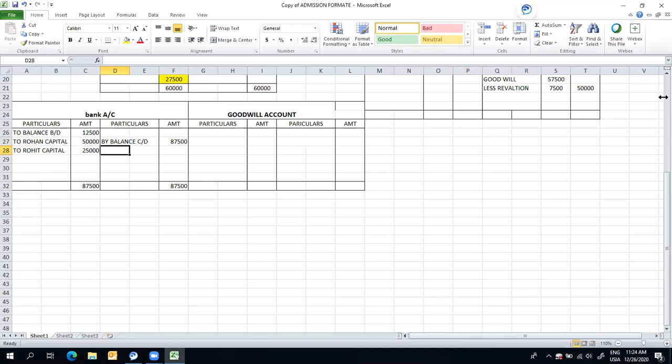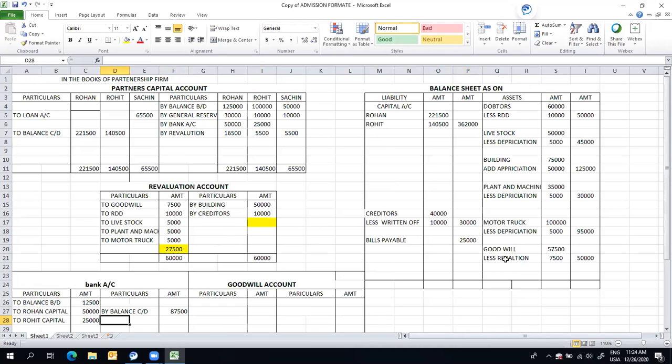Okay, by balance carried down, and here we will write bank account 87,500. Okay. Is that clear? So we are done with the entire problem.